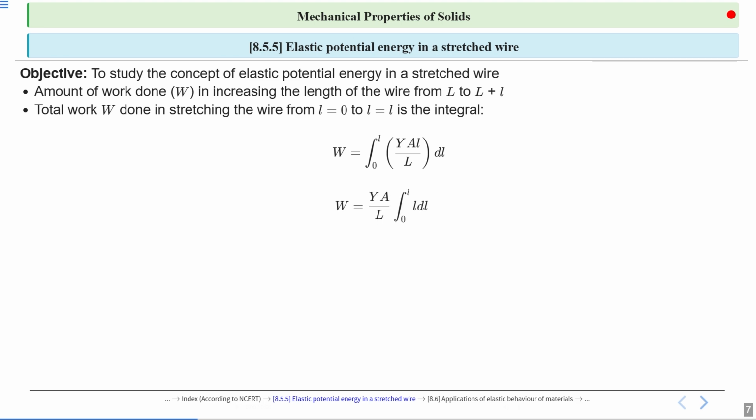Here we can take the constants Y, A and L outside the integral, since they don't change as the wire stretches. This gives us W equal to Y into A divided by capital L, integration 0 to l of l dl. So solving this, we get W equal to YA divided by L into l square divided by 2, lower limit 0 to upper limit l.